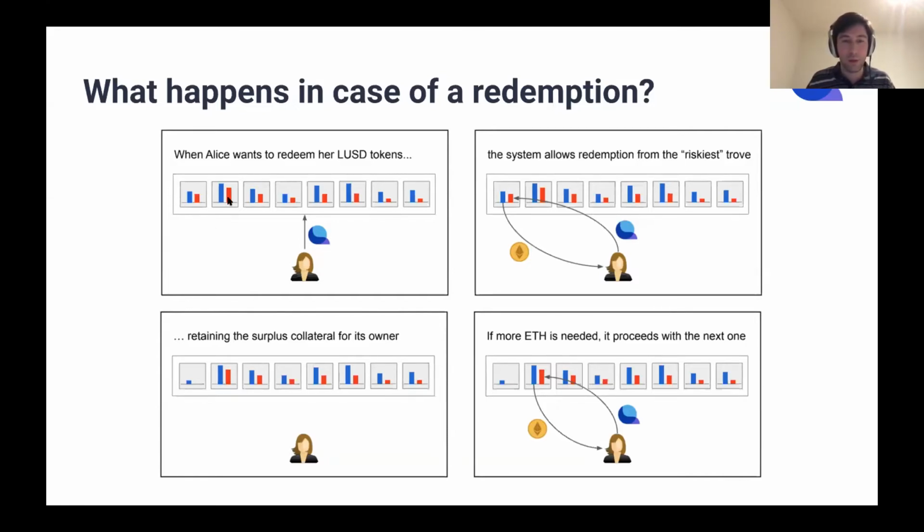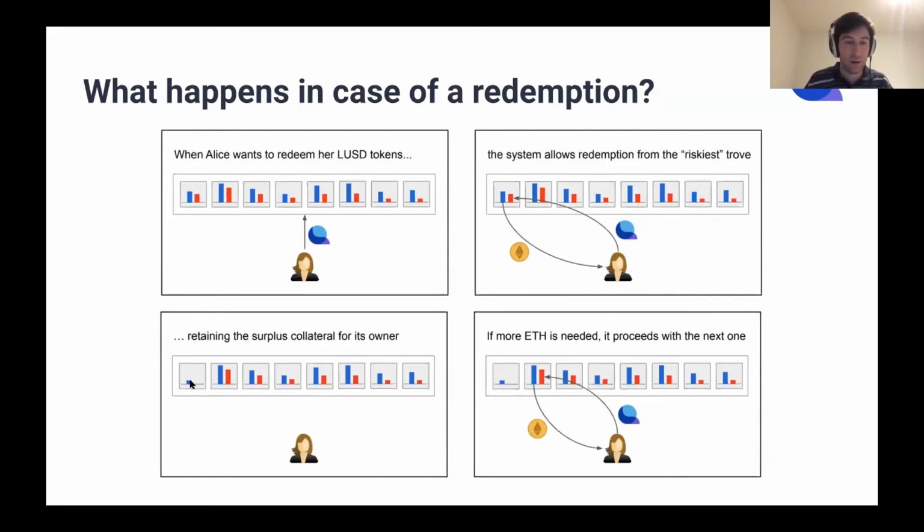Now, the borrowers' positions are sorted by collateral ratio, and the system would just start at the position with the lowest collateralization ratio, the riskiest position that is closest to the liquidation threshold, and would simply use Alice's LUSD to repay the debt of this position's owner, and would give Alice an equivalent amount of Ether collateral.